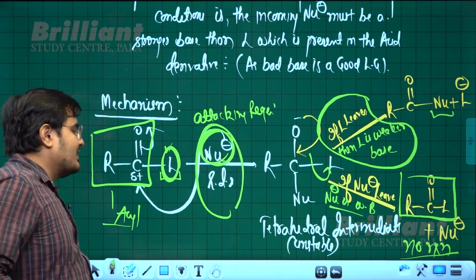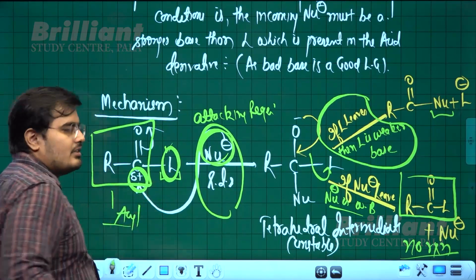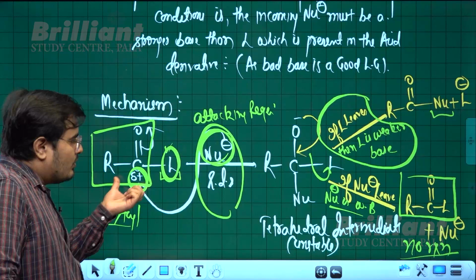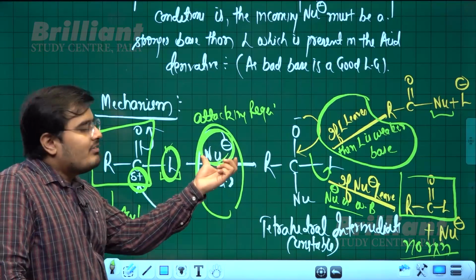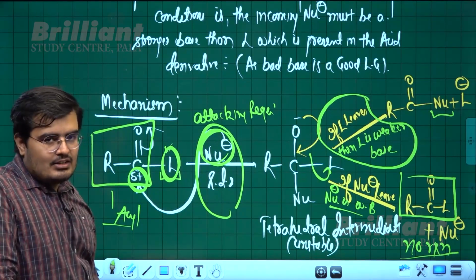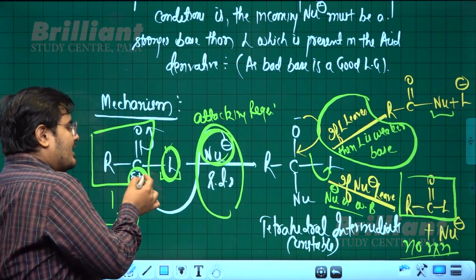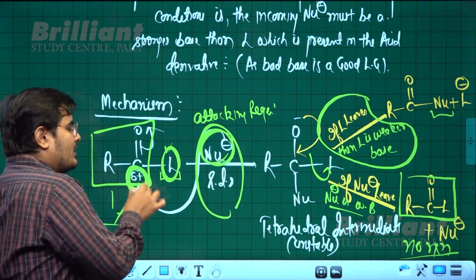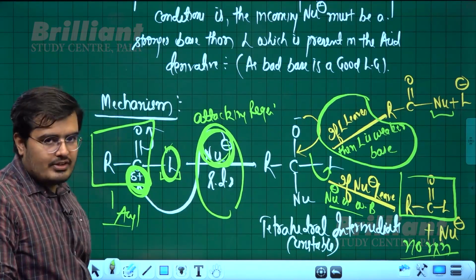Another criterion is that this carbonyl carbon should be electrophilic enough to undergo attack by this nucleophile, or this nucleophile should be strong enough to attack the carbonyl center. In addition to the nucleophile being a stronger base, another criterion is that this carbon should be electrophilic enough and this nucleophile should also be nucleophilic enough.